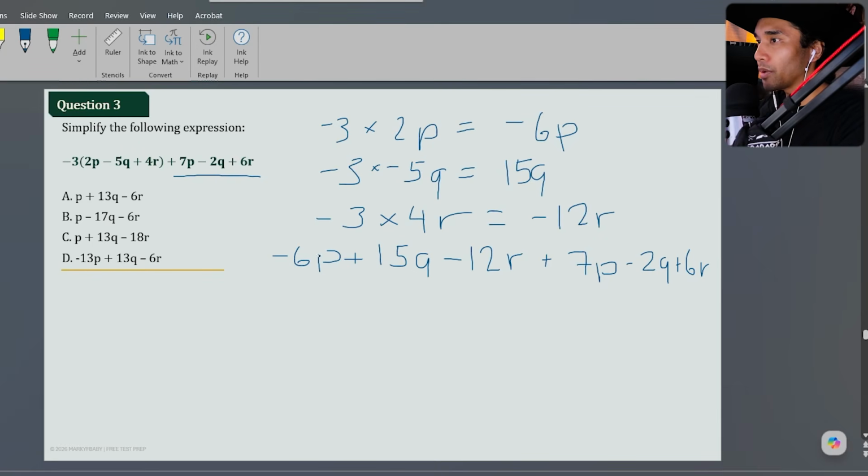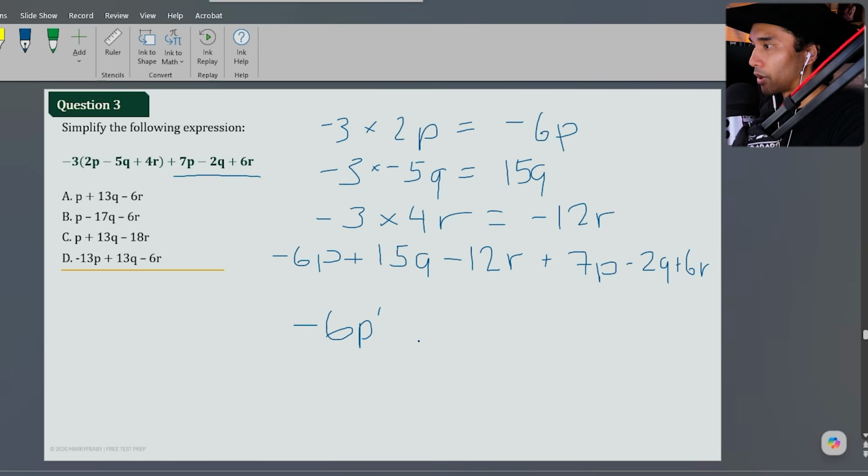So if you notice in this problem, there is no power that is above 1. They're all just the power of 1. And what I mean by power of 1, right? I have negative 6p, and a p to the power of 1, that's all that means.